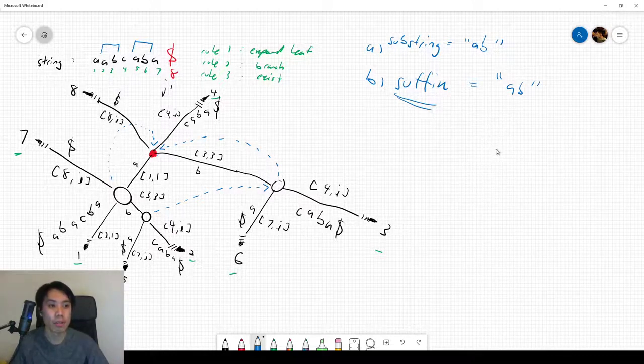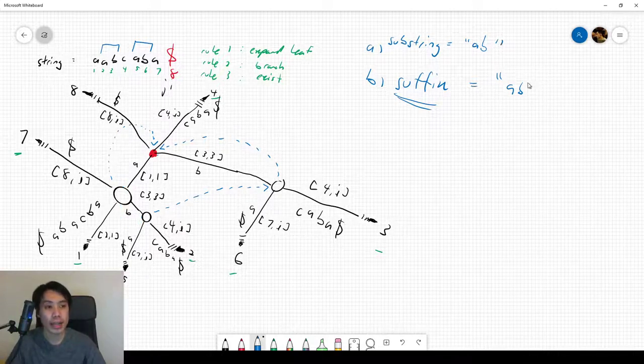So let us try with AB: A, B, I've reached here. My next alphabet is A and my next alphabet is C. You realize it doesn't end with a terminal. Because it doesn't end with a terminal, you know it is not a suffix.